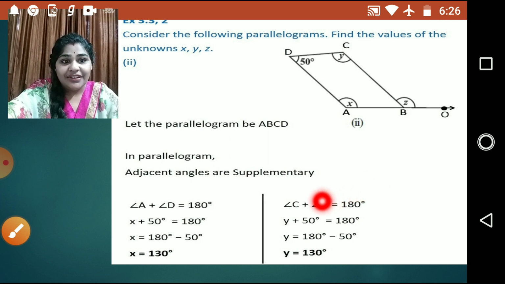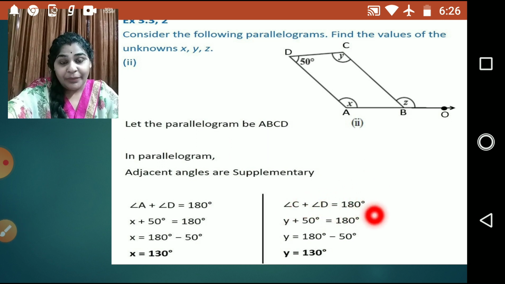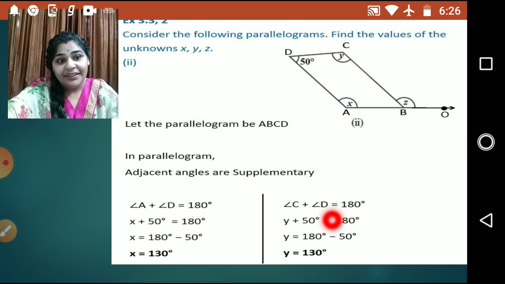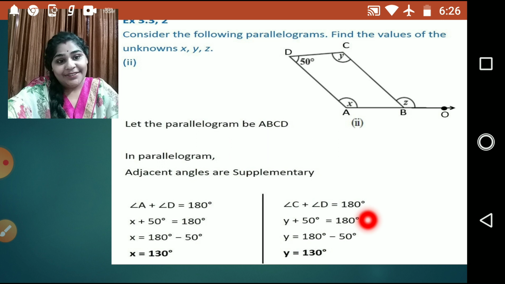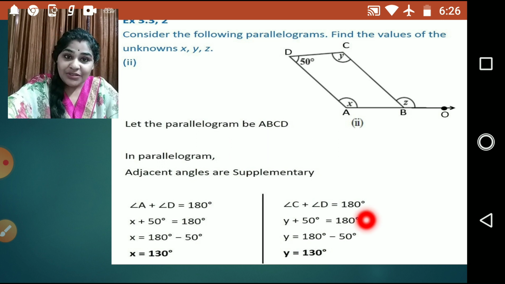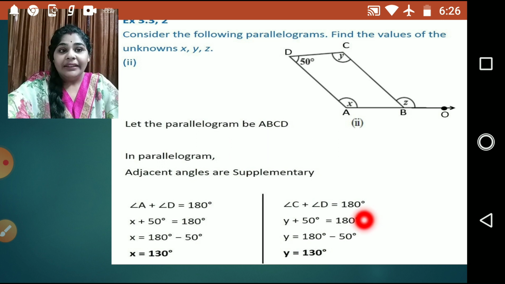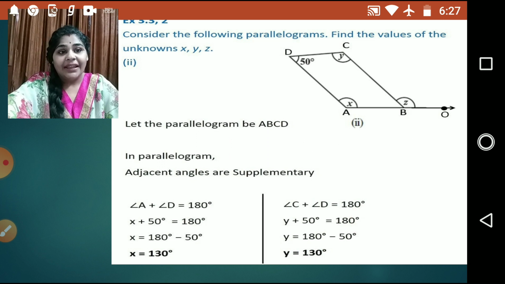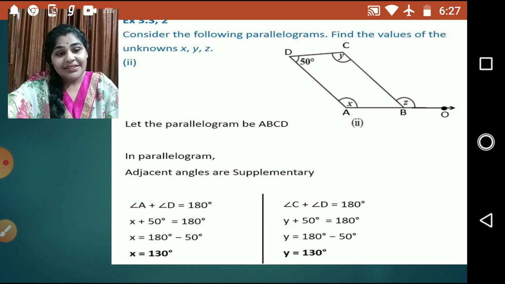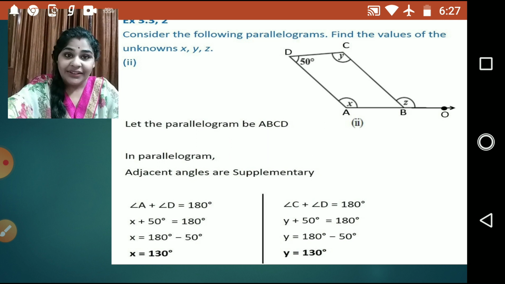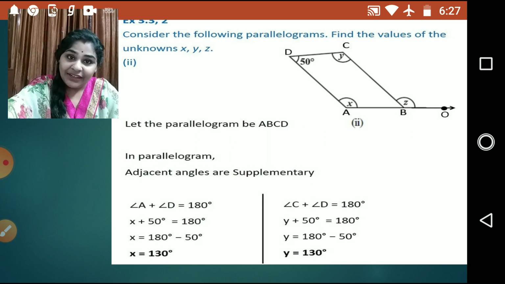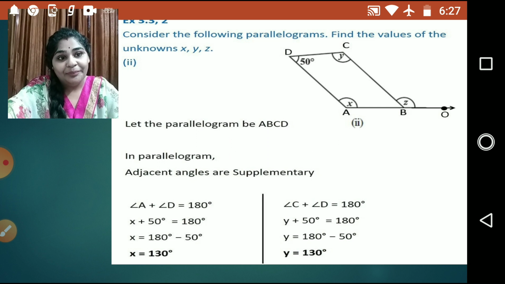Either you use the adjacent property, that is angle C plus angle D is equal to 180 degrees, and 180 degrees minus 50 degrees is 130 degrees, or you can say that opposite angles of a parallelogram are equal. Therefore angle X and angle Y are equal, so angle Y is equal to 130 degrees. Whichever property you remember, you can use in the exam, not at all a problem.